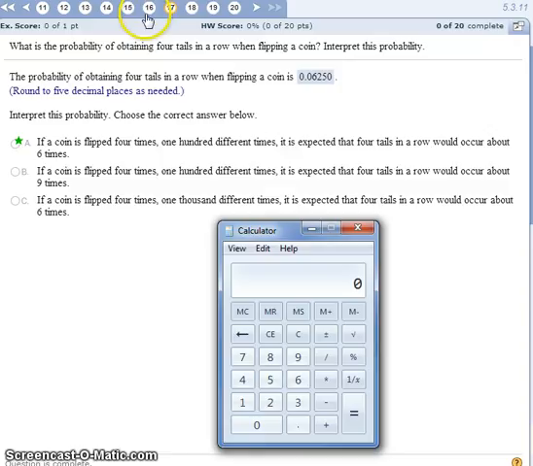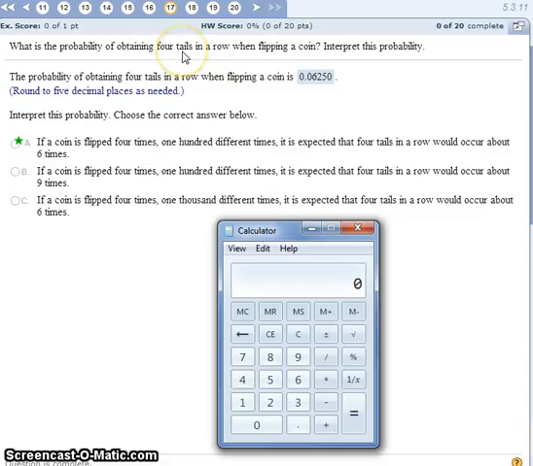For number 17, we're finding the probability of getting 4 tails in a row when we flip a coin. And each coin flip is independent. The previous coin flip has absolutely no effect on the probability of the next flip. The chances of a tail is always 50%, heads is always 50%.